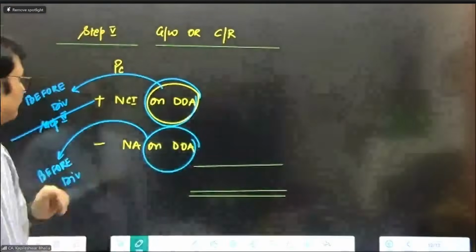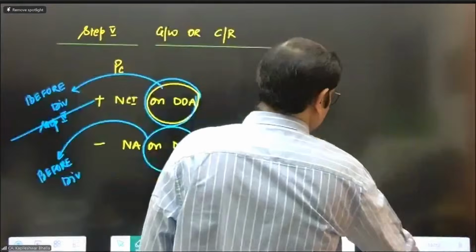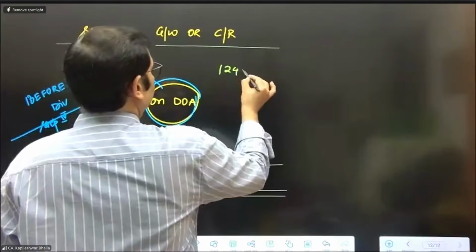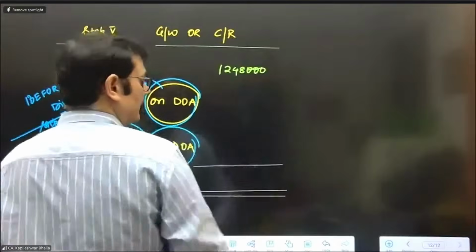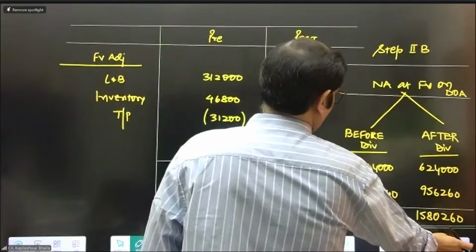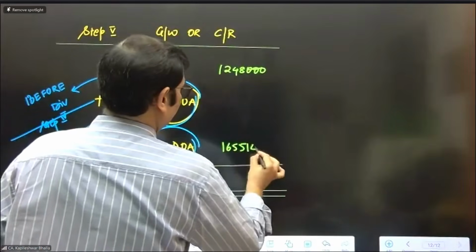Okay, now let's get the information. So purchase consideration is already given, 12,48,000. And let's take the net assets before dividends, 16,55,140.